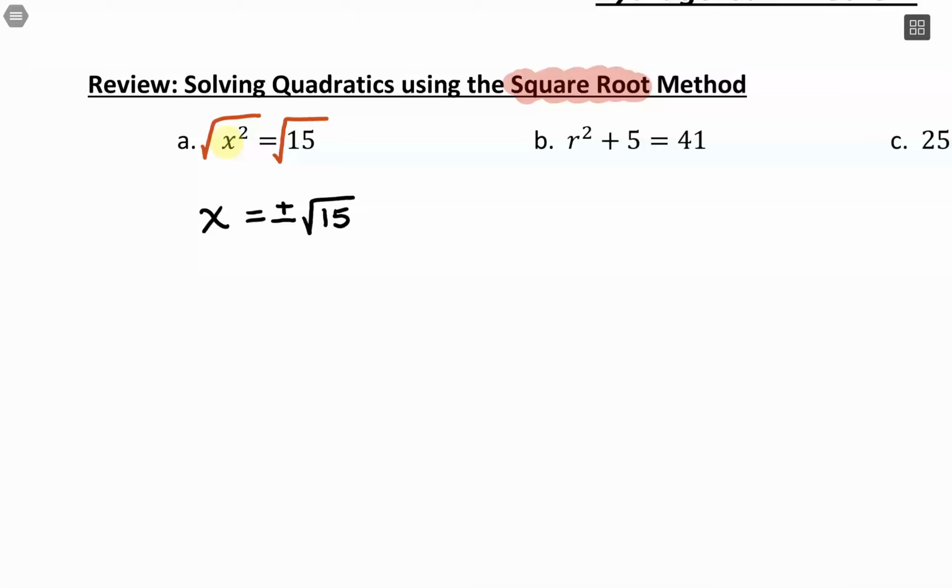With where we're going in this section with Pythagorean Theorem, and in terms of geometry with distances, we'll only be dealing with positives. So I'll keep that plus or minus in there, but in terms of the work that we do in the following problems, we'll only see the positive answers coming out.